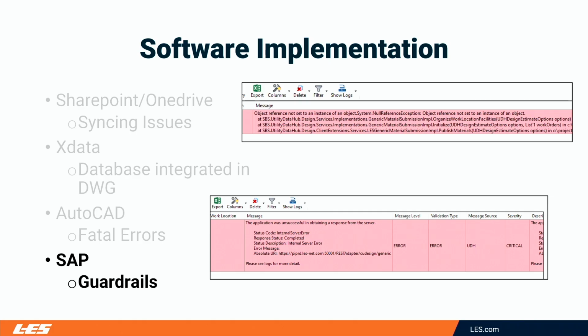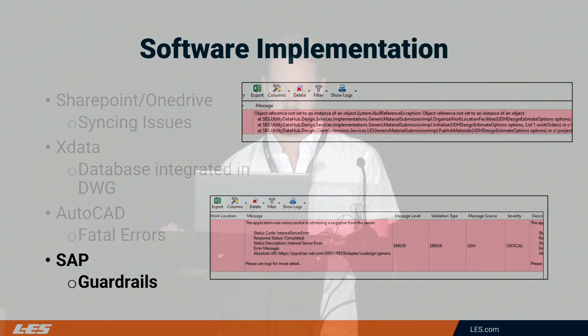Those are pretty easy to fix, but some of the background talking between AUD and SAP we've had problems with. But for the most part, those are pretty easily solved. Just think about the guardrails that SAP puts up when it comes to moving that information back and forth.